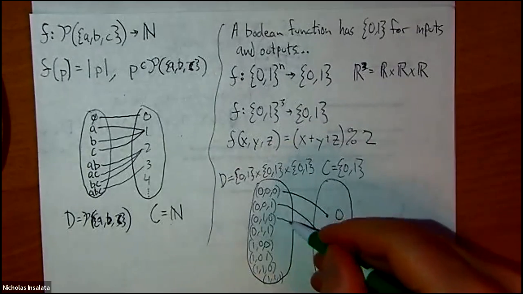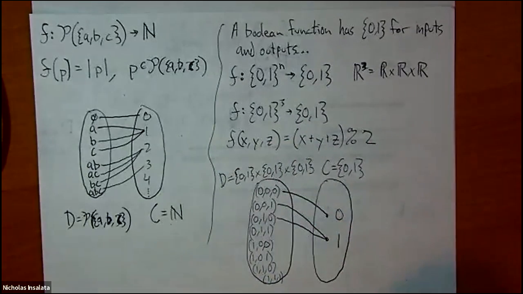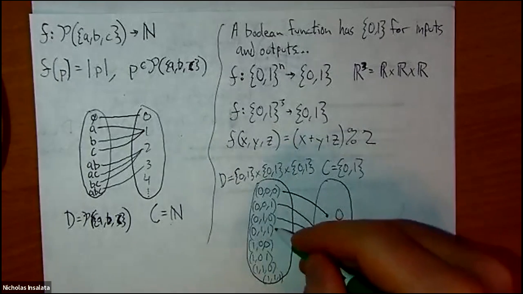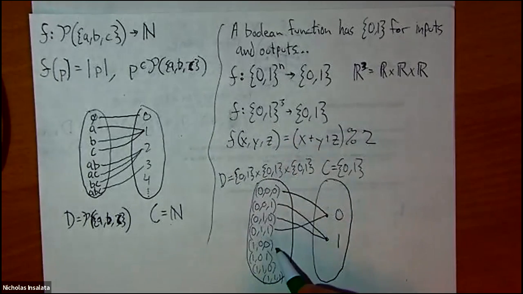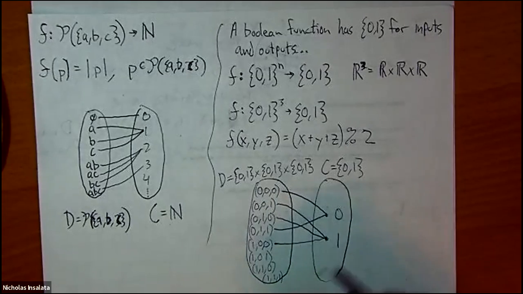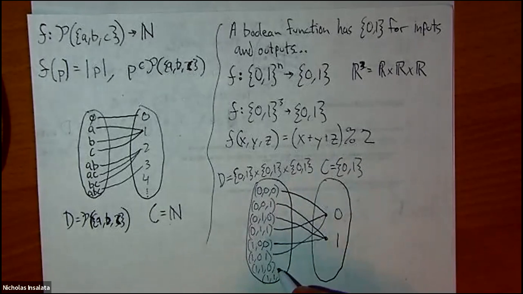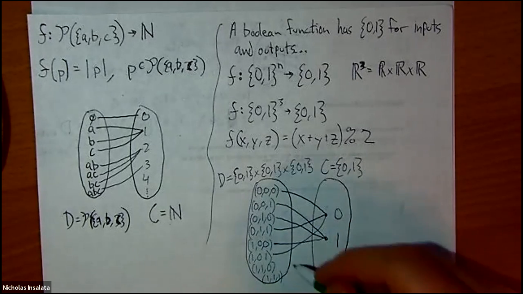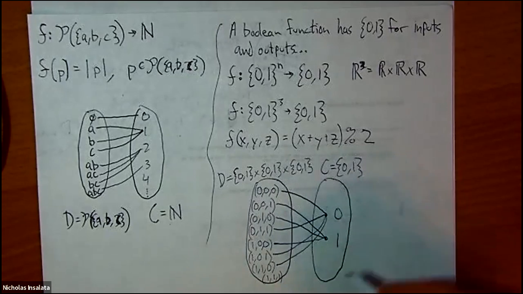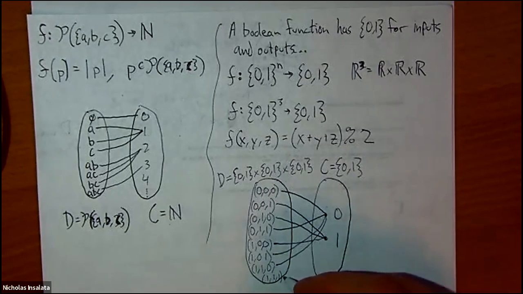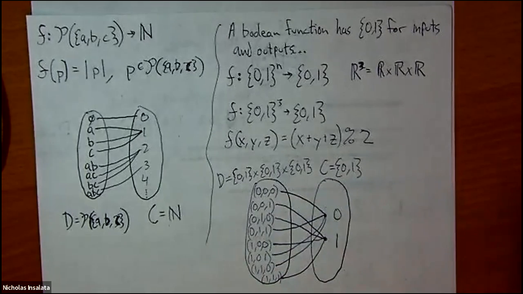One, perfect. Okay, next one. 011. 0, okay. 100. 1, okay. 101, 0, 110, 0, and lastly 111 goes to 1. Perfect. Okay, so there's your arrow diagram for that one. Questions, comments?